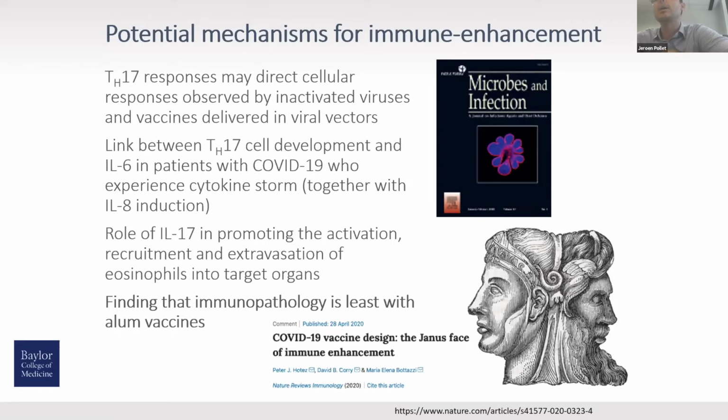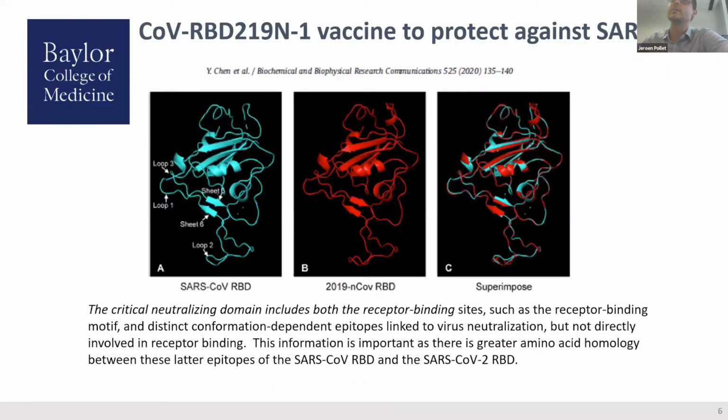Also, all our data points out that the immunopathology is actually the least with alum vaccines, which are mainly Th2 driven, and that is something that we find against what others are finding.